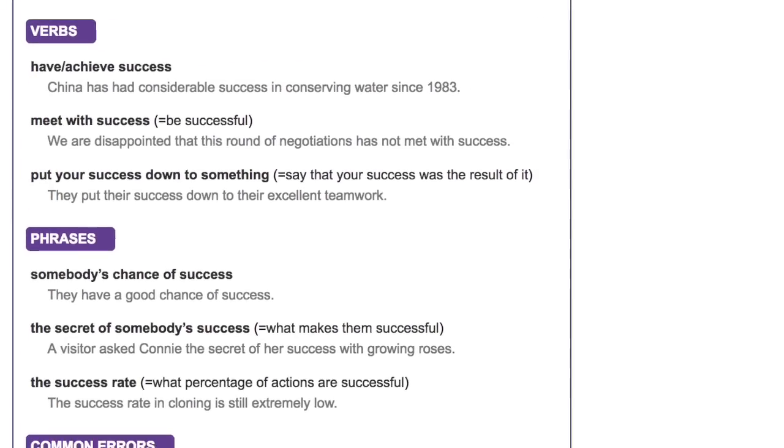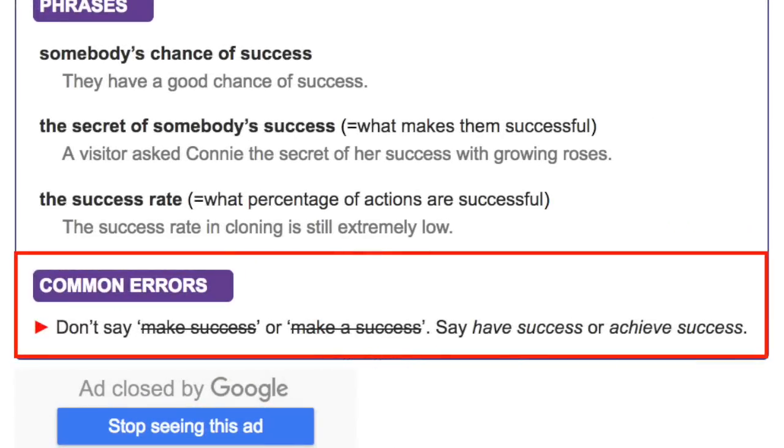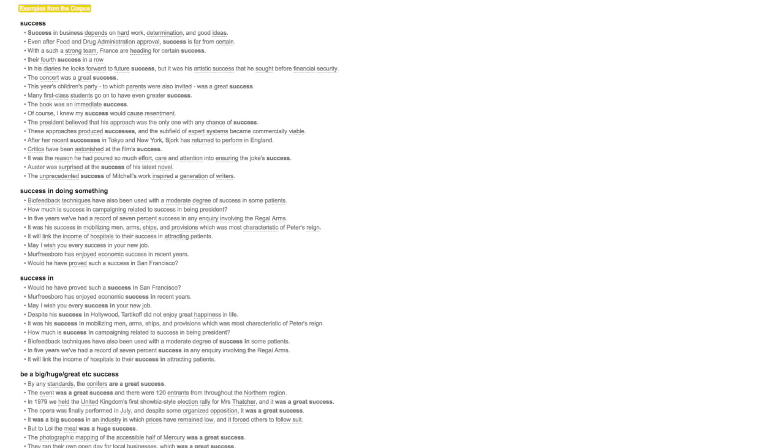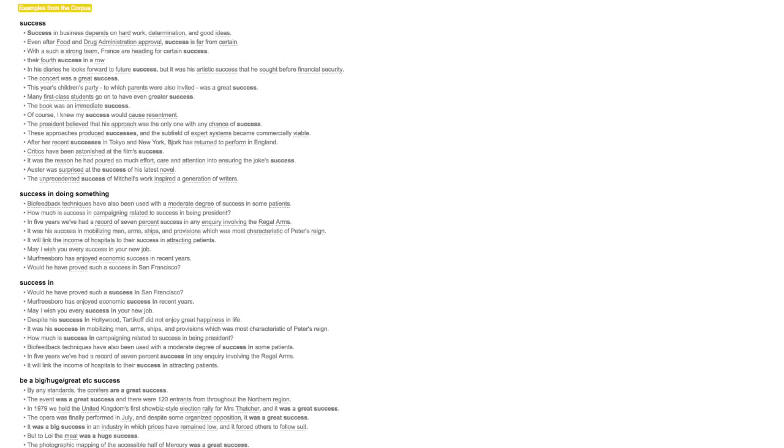And Longman even gives you common grammatical errors. Don't say make success or make a success of, say have success or achieve success. Nice. And down here some more example sentences with grammar properly highlighted.